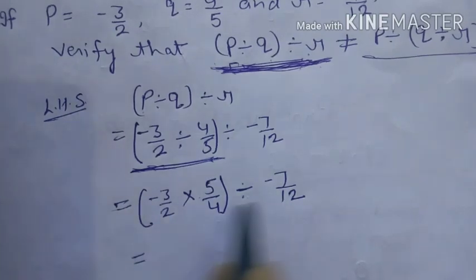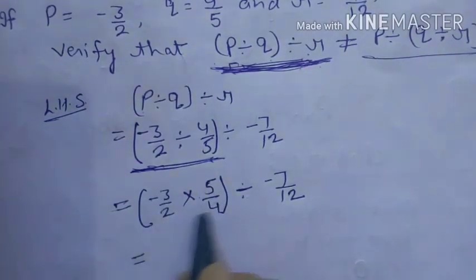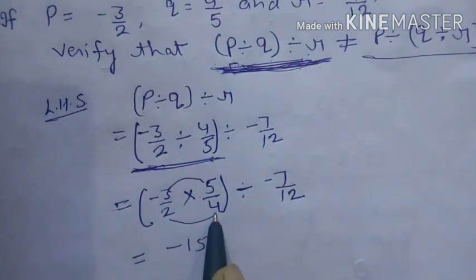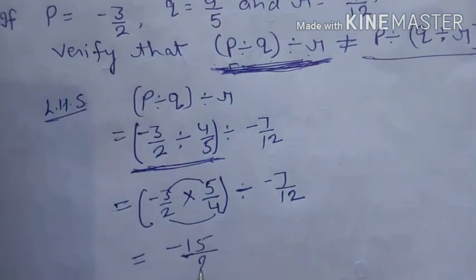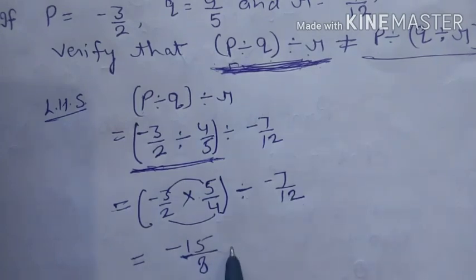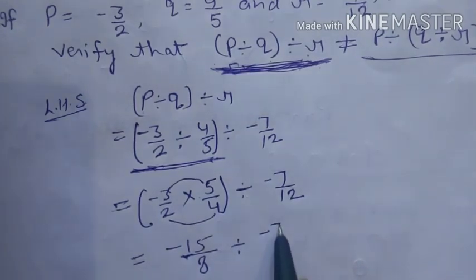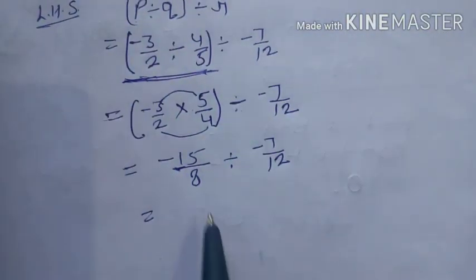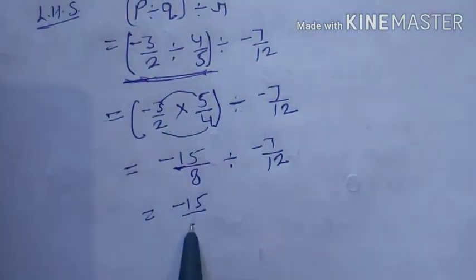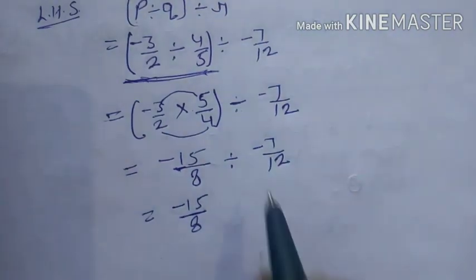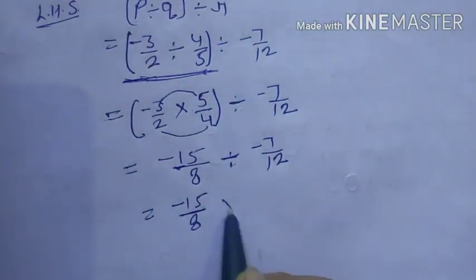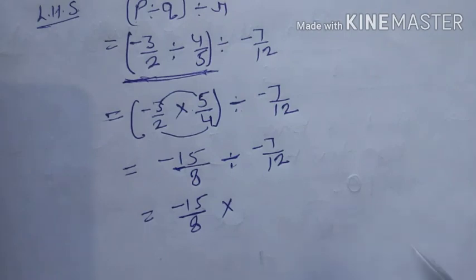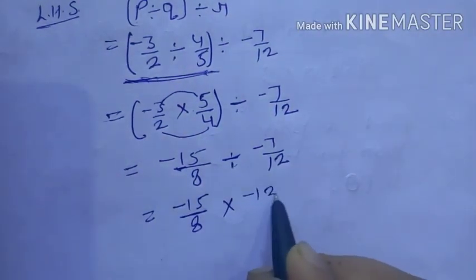So students, you can see here if we multiply these two rational numbers, then the result is minus 15. 5 3 is 15 and 2 4 is 8, minus 15 upon 8, and here divided by minus 7 upon 12. Now students, what we will do, minus 15 upon 8, we will write first rational number as it is, and we will change it into multiplication, and we will write the multiplicative inverse of the second rational number. What is that? Minus 12 upon 7.